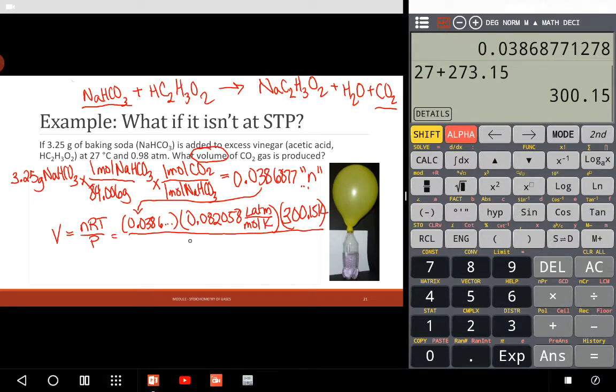And then my pressure is 0.98 atmospheres.